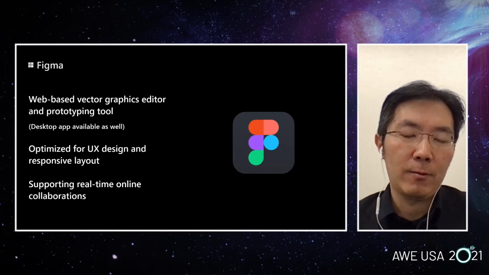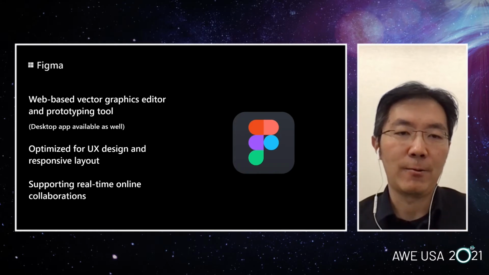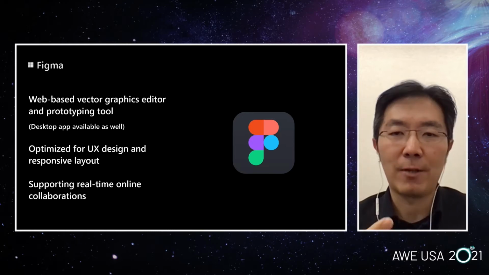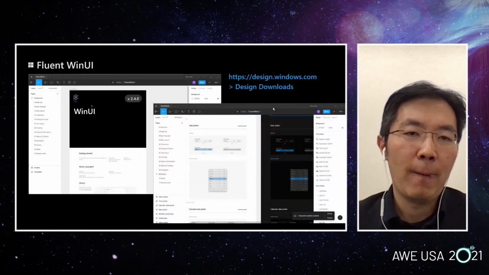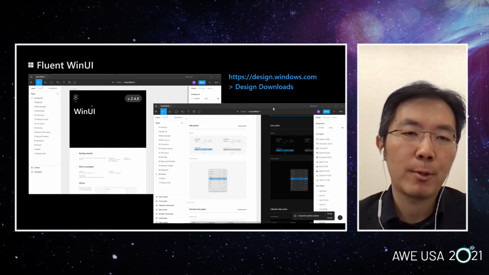One of the most interesting features is its strong support for online collaboration. In a single file, multiple people can join, you can see other people's cursors, and you can also follow other people's view.